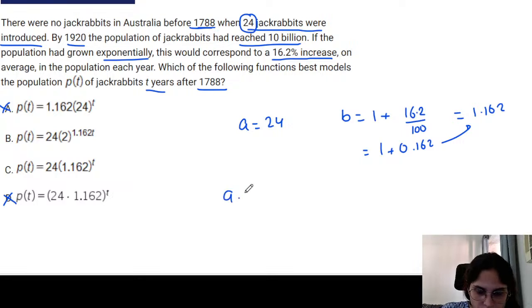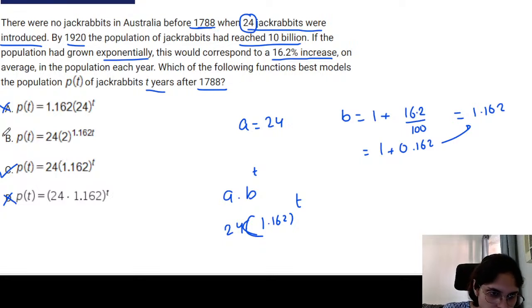Yeah, and now it's just A times B to the power t. So 24 times 1.162 to the power t. This is my answer. It is not doubling, it is increasing by 1.162 every single year. Understood?